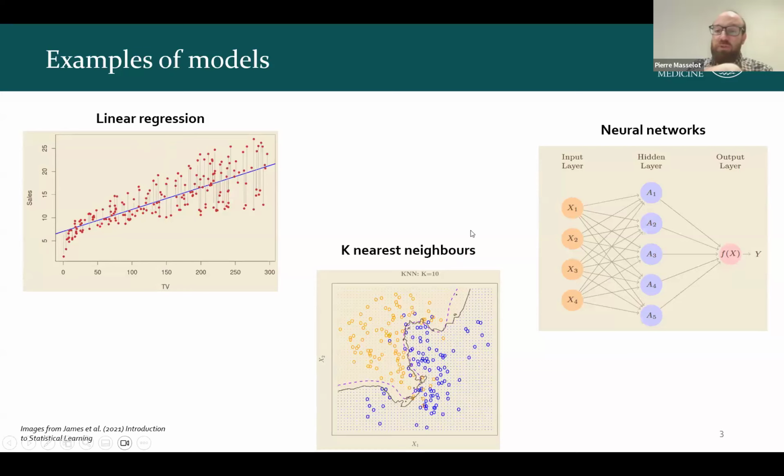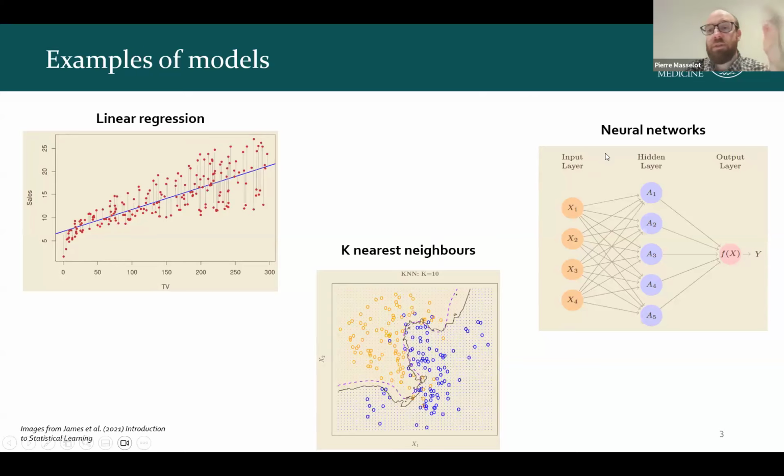On the other end of the spectrum, we have something like the k-nearest neighbors, for instance, where the idea is that when you want to make a prediction somewhere, you look at your observations that are the closest in the predictor space, and then your prediction will be the average of all those observations. And there are many other models.